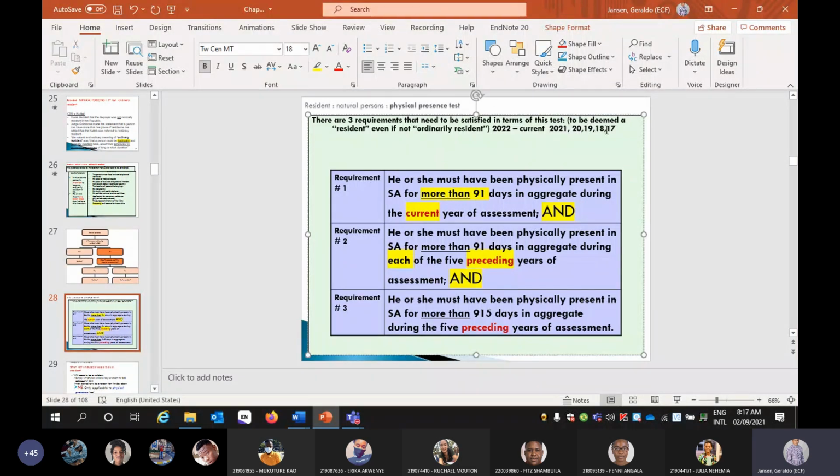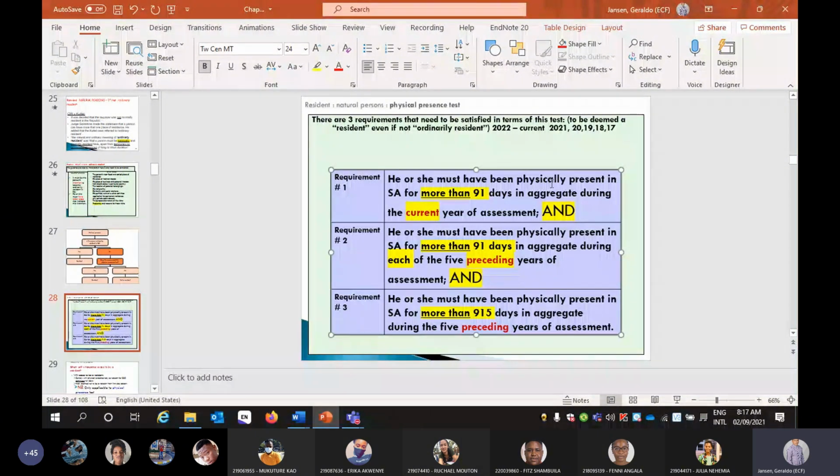Now we need to look for each of those years if you were present in South Africa for more than 91 days. Then the last requirement, he or she must have been physically present in South Africa for more than 915 days in aggregate during the 5 preceding years.